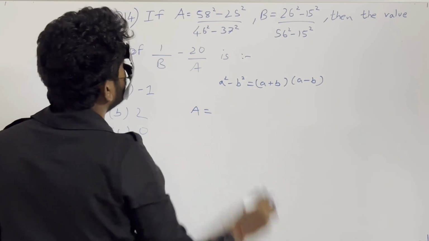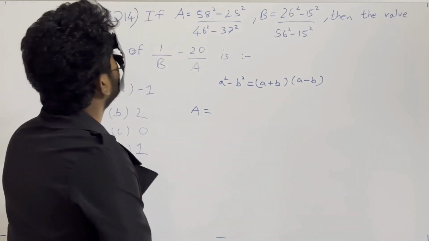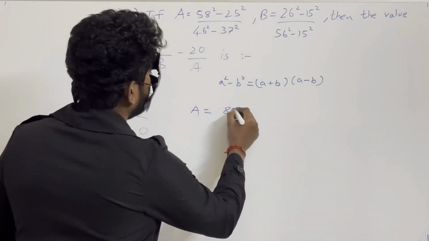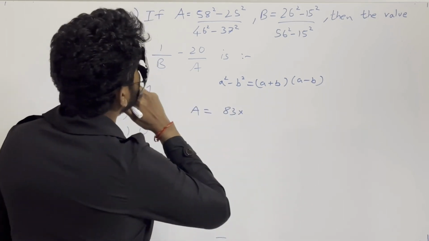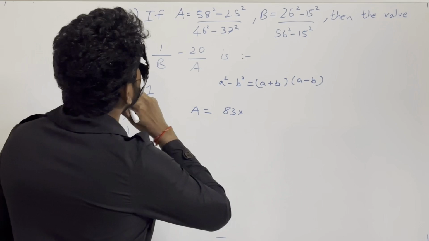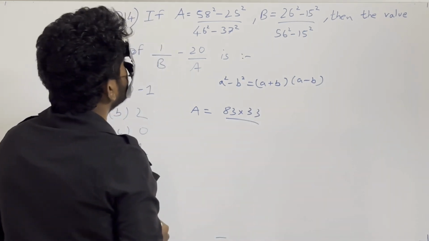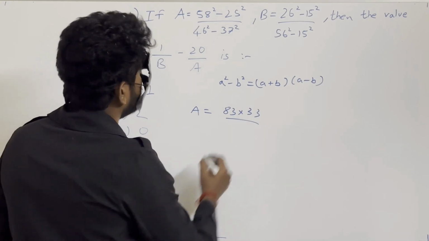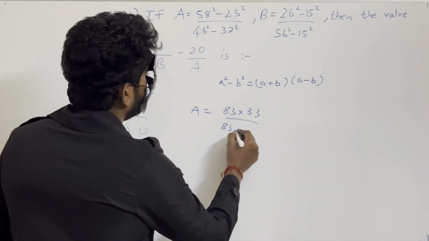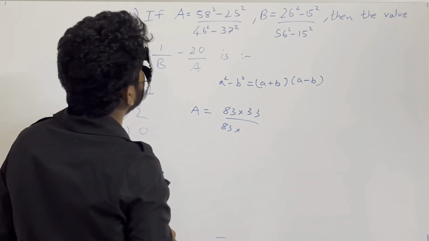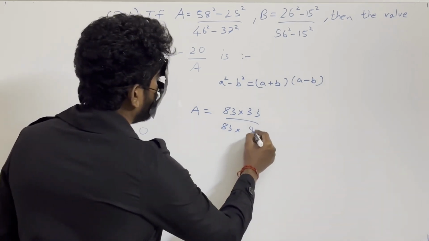So A is nothing but 83 into 33 by 83 into 9.